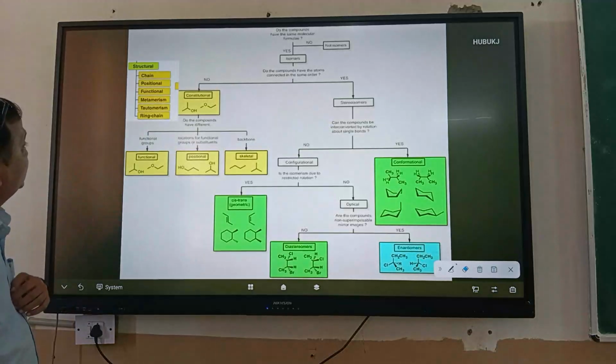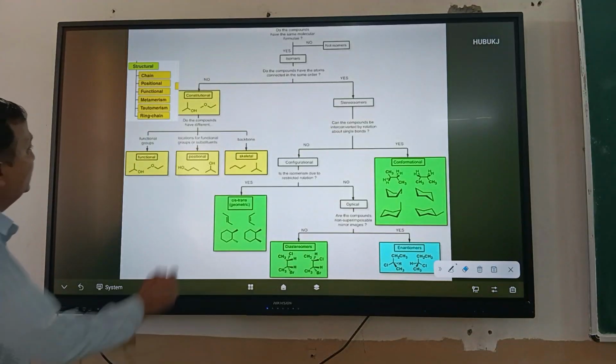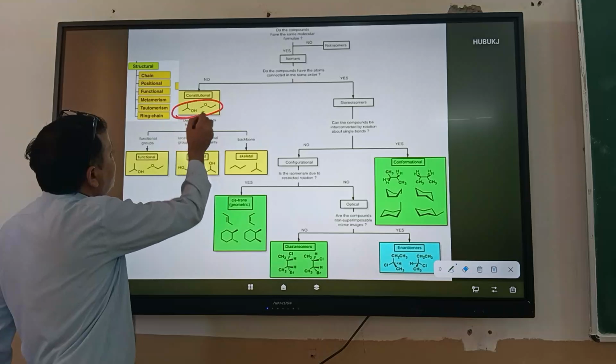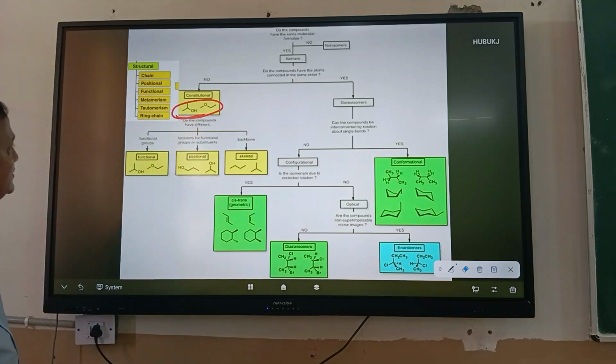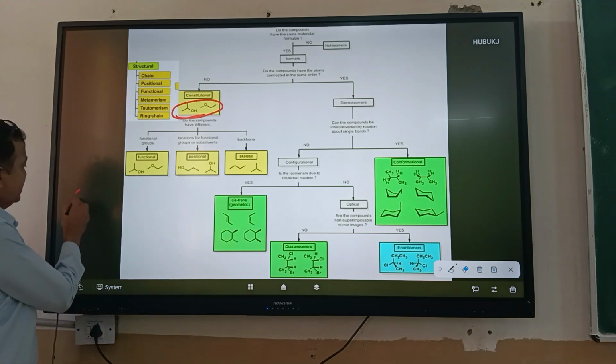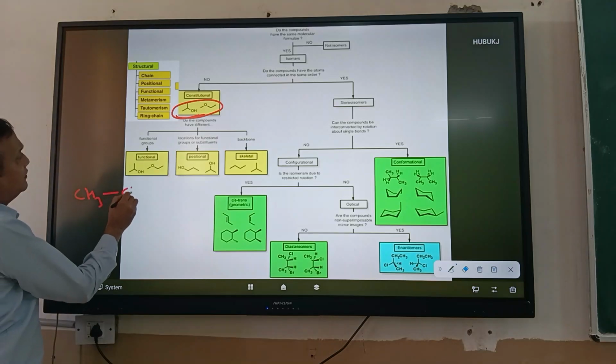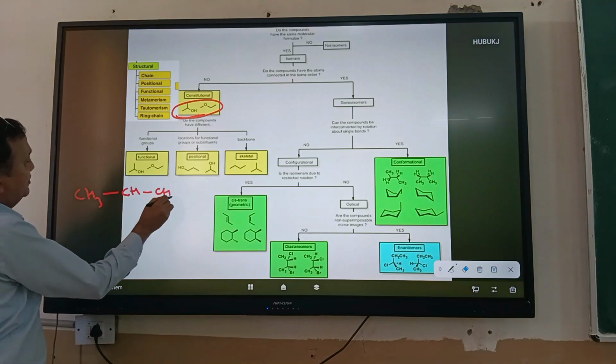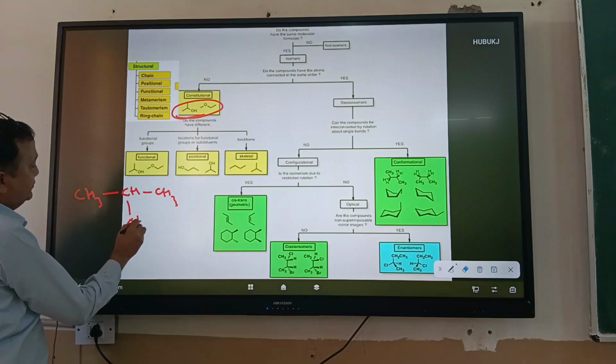The next type of isomers are the functional isomers. The example given here belongs to the functional isomers. Here the molecular formula is the same, but the molecules have different functional groups. You can write this molecule like this: CH3, CH, CH3, OH.